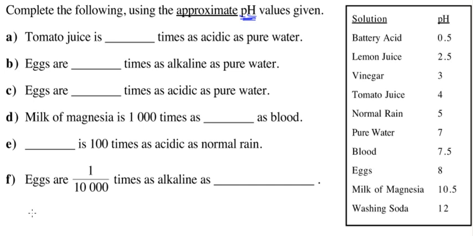They're a little bit weirder than we had for the Richter scale or the decibel scale, but they work in generally the same way. The first one is that the acid or alkaline difference is 10 to the power of the pH difference.